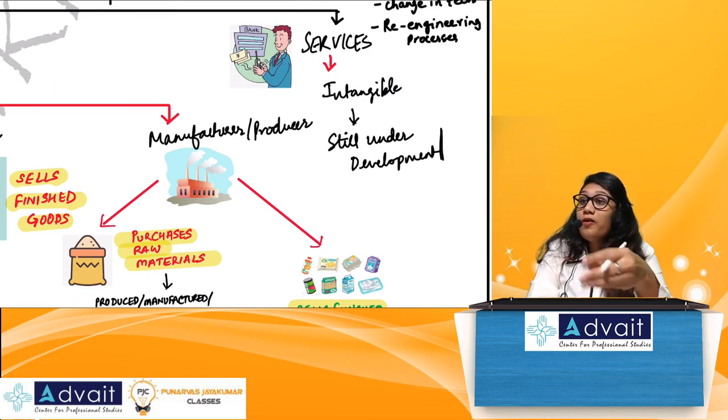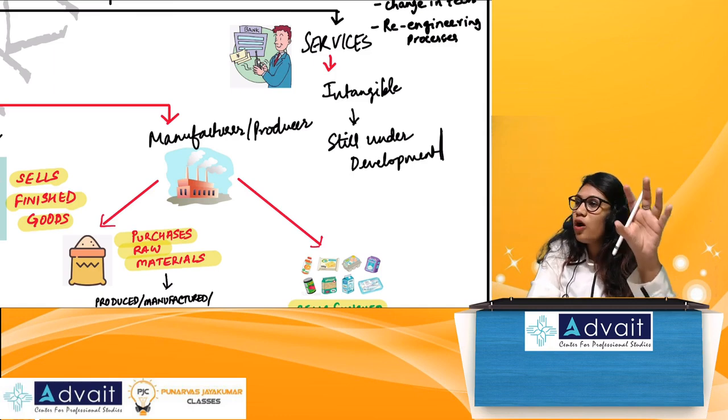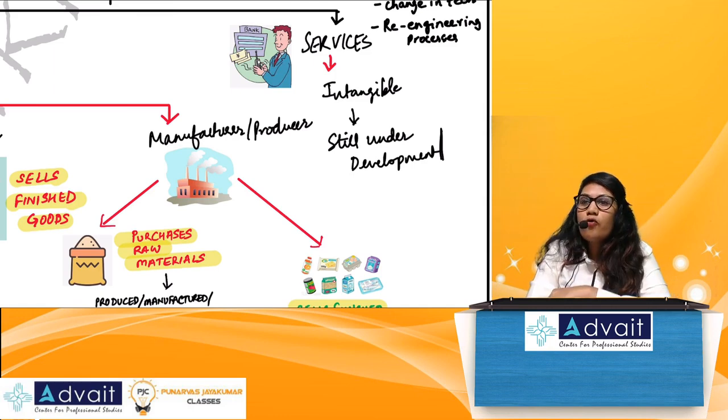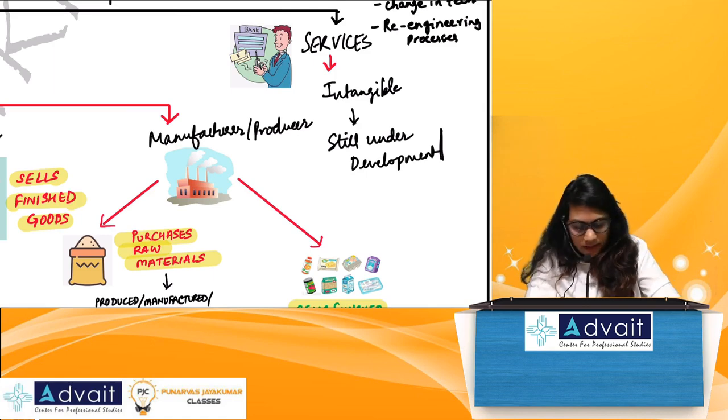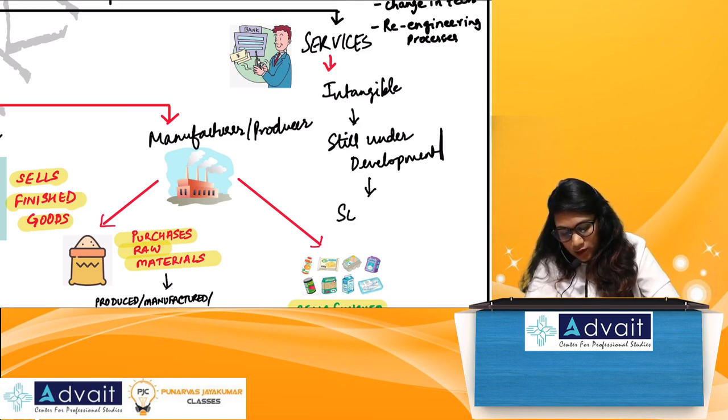So if you remember, in the beginning of the class I showed you one chart showing the overview of cost accounting, all 14 chapters. So this chapter will come in leg 2 by the name service costing. Okay, so we will be studying about services also. So you will say intangible, still under development, and you will say service costing.